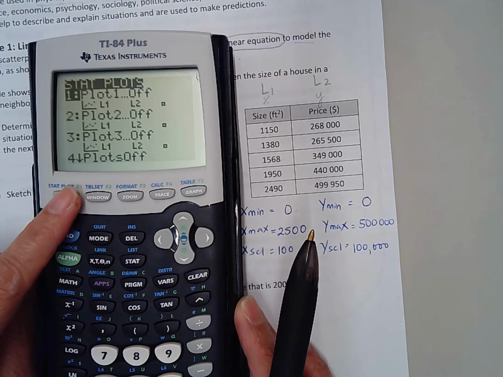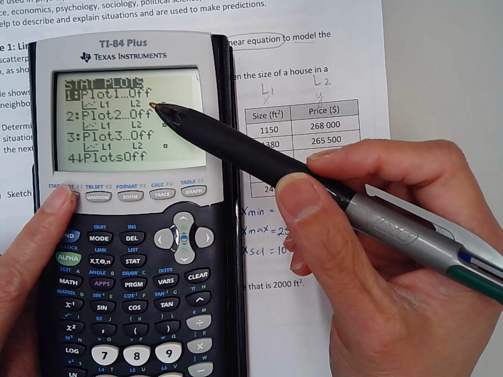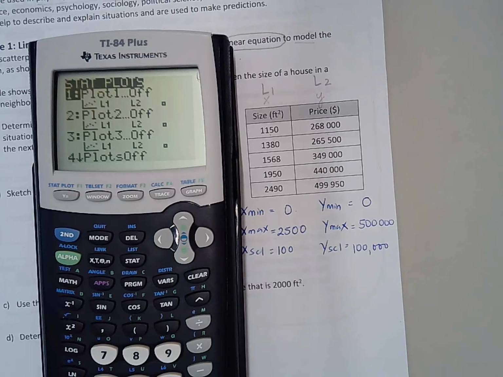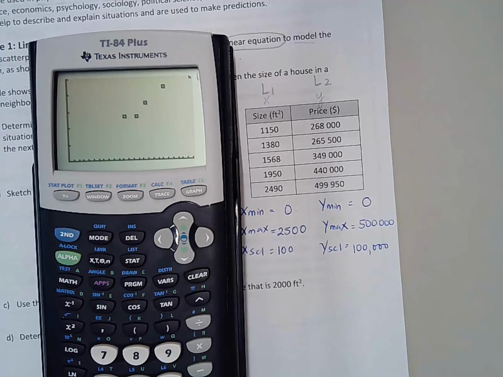Second function, Y equals. What is it saying? It's off. Yeah, it's just that it's off. That's all. The plots are there. The dots are there. It's just that it's off. Now turn it on. Okay. Now let's graph it. Are you still getting an error? No? Okay. Nobody has an error.